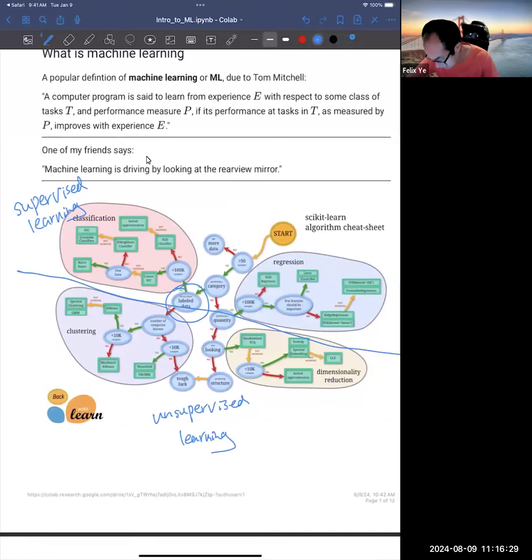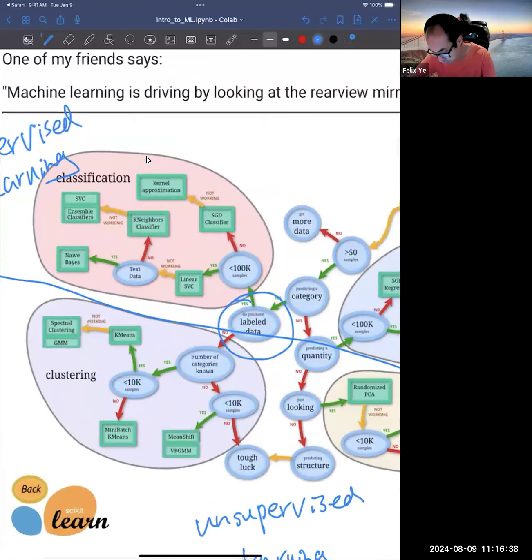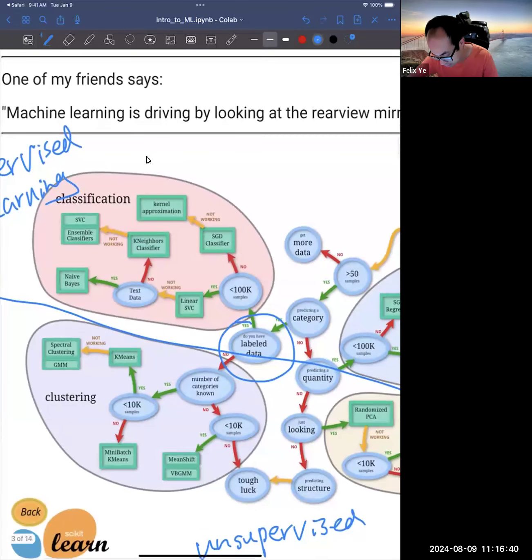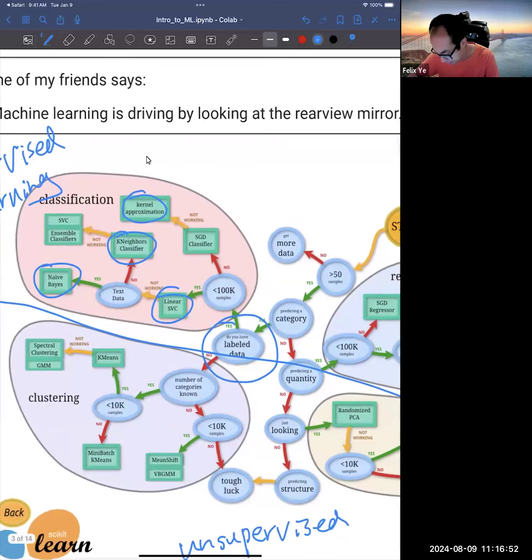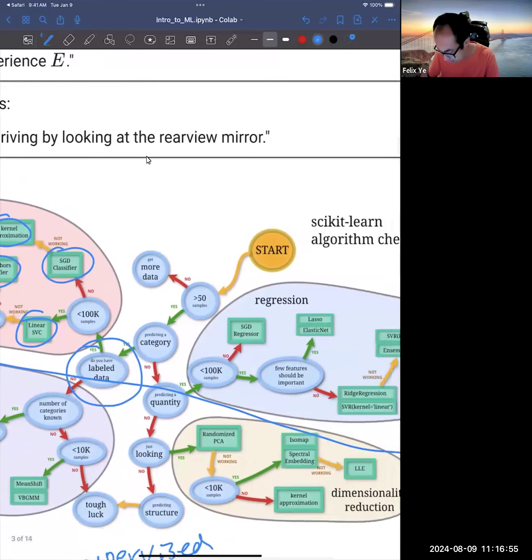All right, and this is the whole roadmap of machine learning if you are interested in all these kinds of things. In fact, we are going to talk about almost everything here. We'll talk about naive Bayesians, linear SVM, k-nearest neighbors, kernel methods, and SGD classifiers.